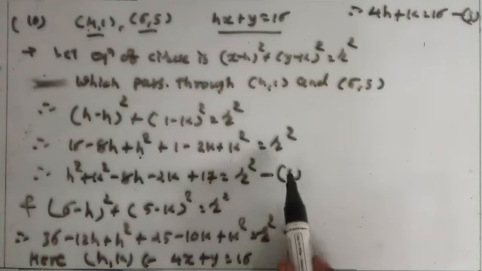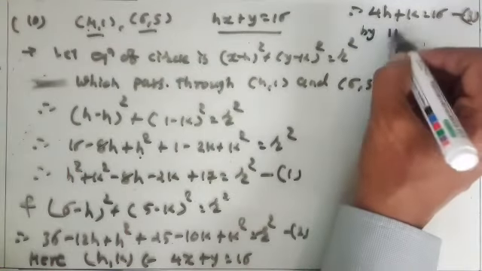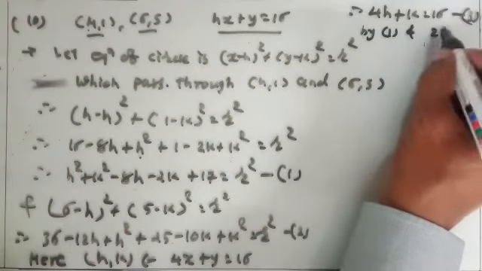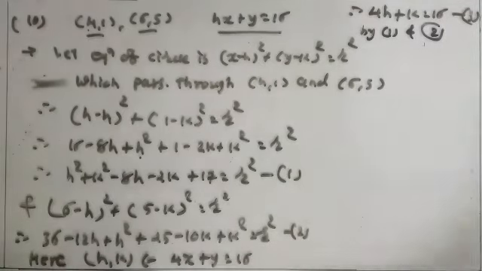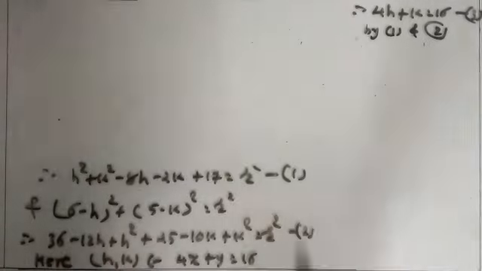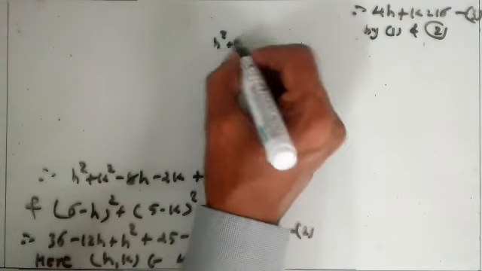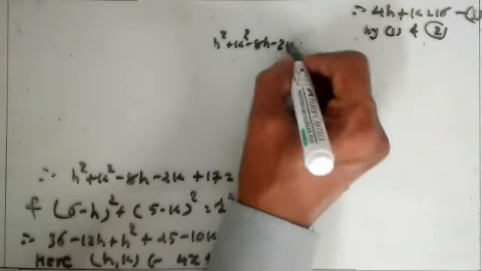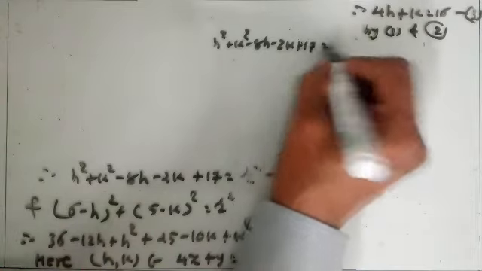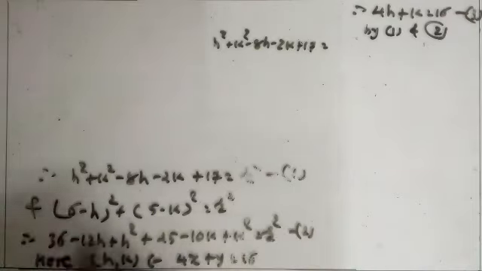For this, first compare equations 1 and 2. Compare both. h square plus k square minus 8h minus 2k plus 17 is equal to, here compare with r square.